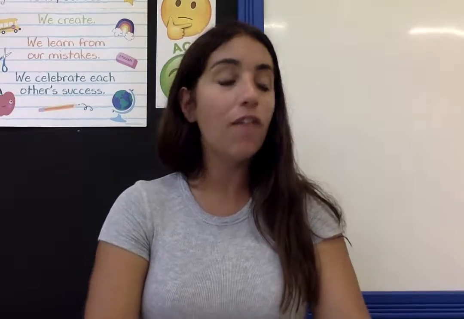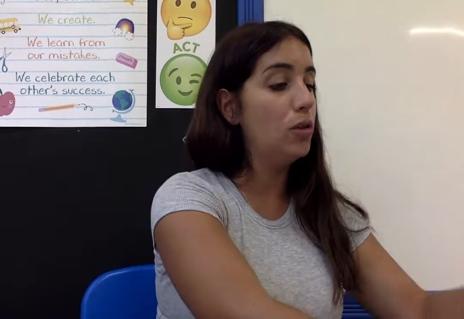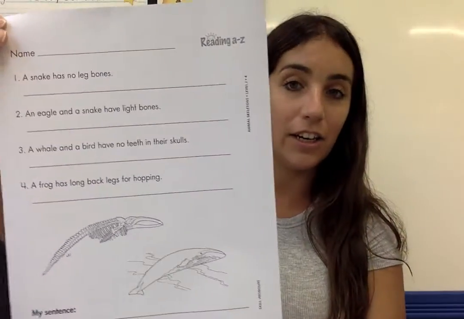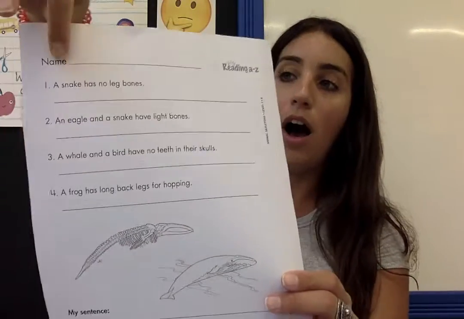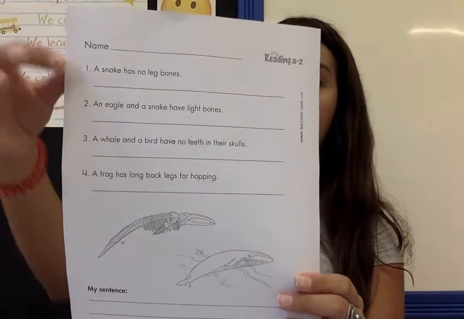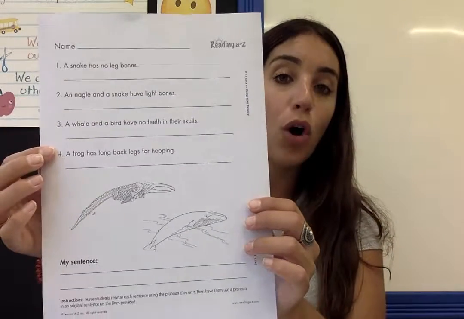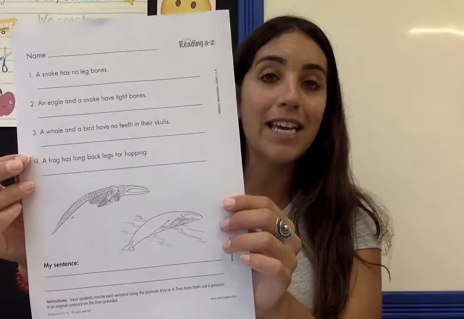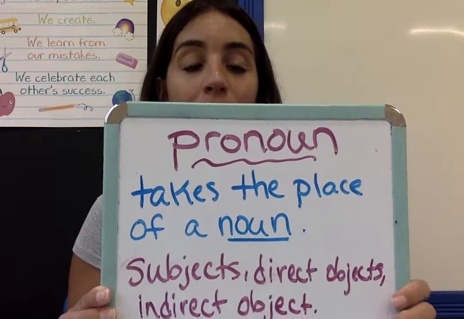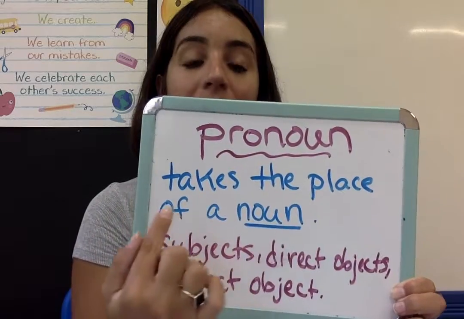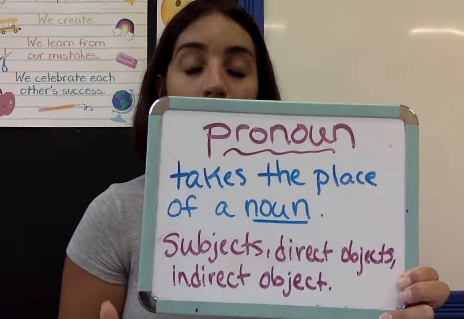So, the first activity that you're going to do is this one right here. Okay, so the first thing you're going to do is put your name here. The next thing that you're going to do is find the pronouns in these sentences. A pronoun takes the place of a noun.